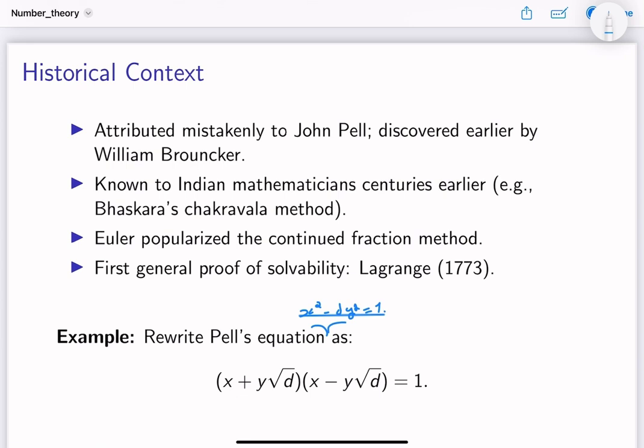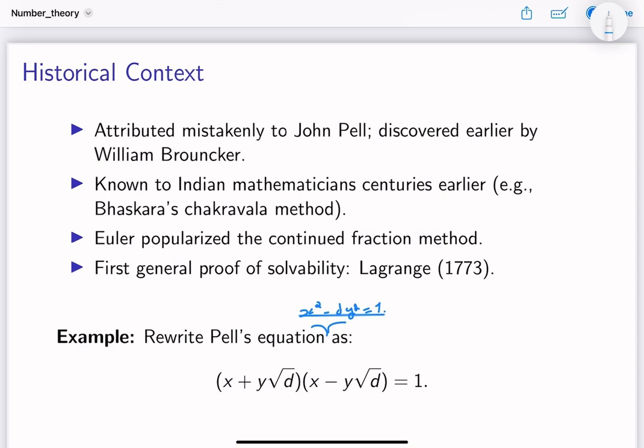Before we continue talking about how to solve this equation, let me give you a little bit of history. This equation was falsely attributed to Pell, and the major work was done basically by Lagrange.